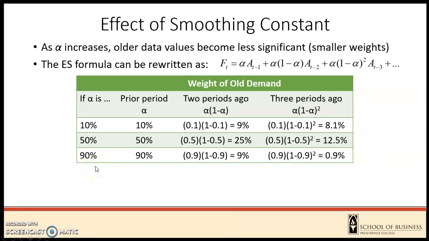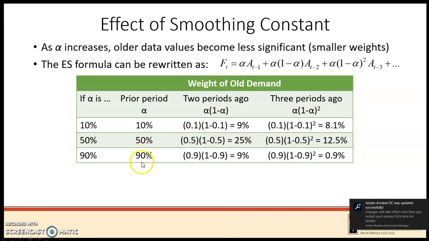So if I kick that up to 90%, that means almost all of my forecast is going to come from what happened in the last period. It almost makes it that naive approach where this month's demand is going to be the same as last month's demand, but this is a little bit better because it does weigh a little bit of things in. 90% of that forecast is determined by last month, 9% by the month after that.